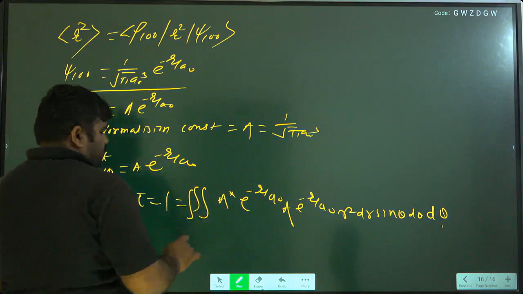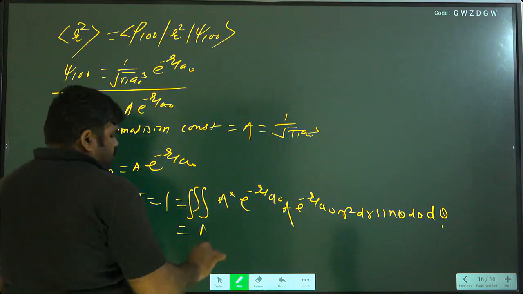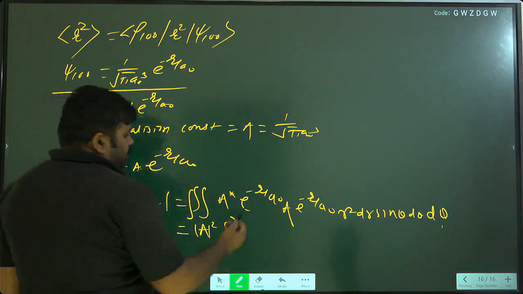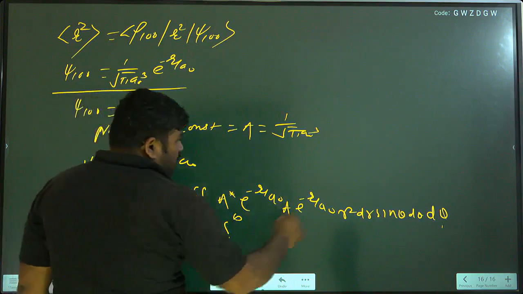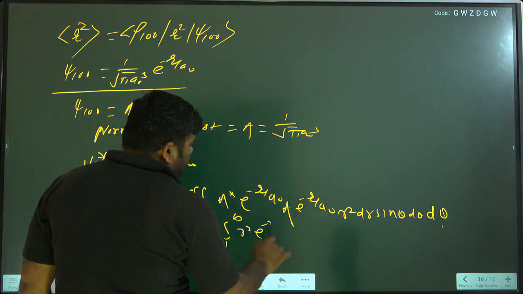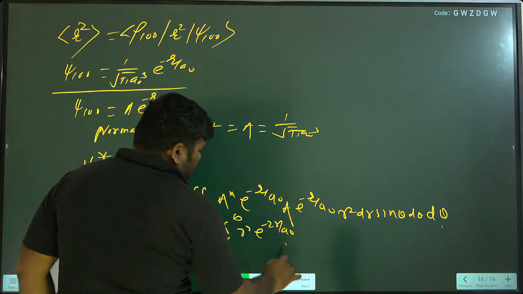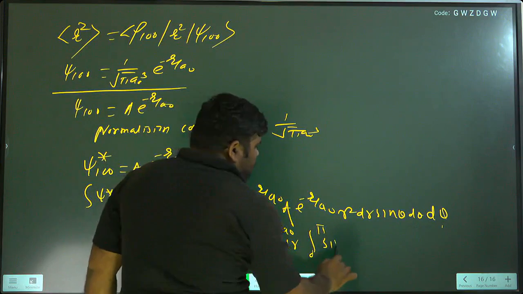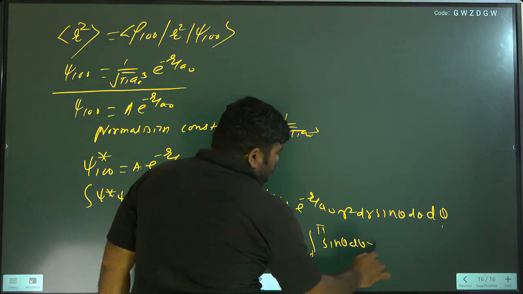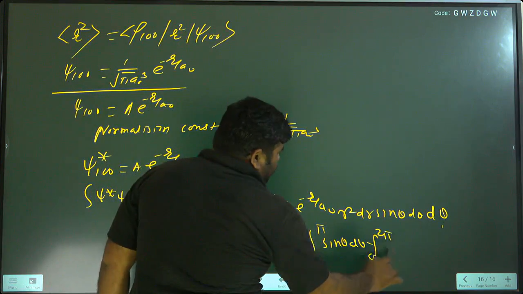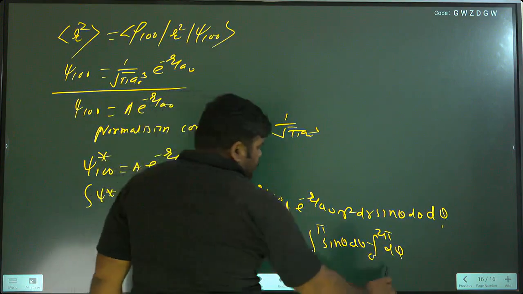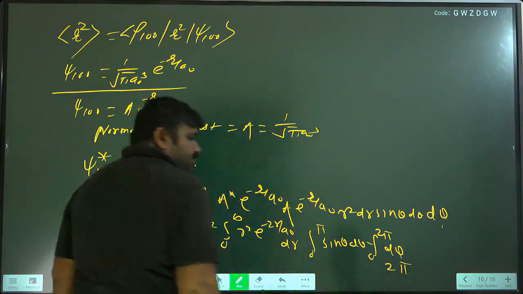So it is a into a star, mod a squared, into the limit 0 to infinity r squared e to the power minus 2r upon a naught into dr. Second one is 0 to pi sin theta d theta, into 0 to 2 pi d phi. We have already solved what the d phi integration is, the d phi integration value is 2 pi.